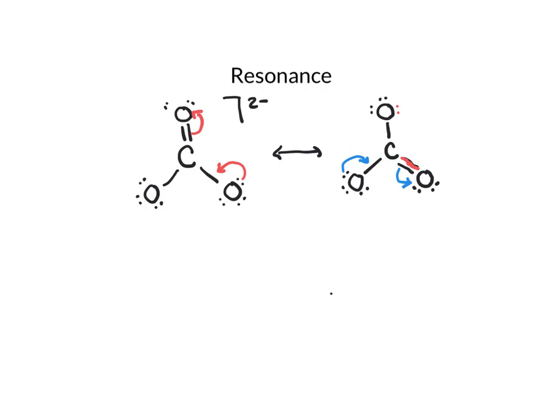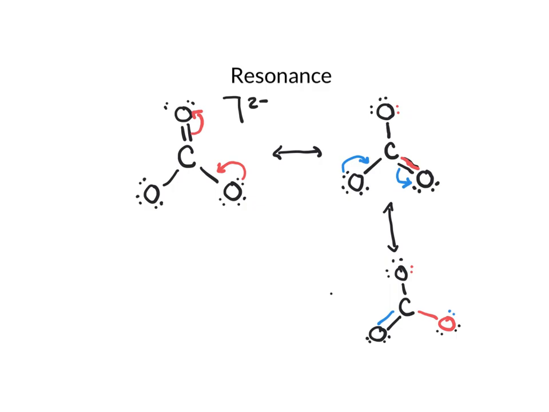And so now if I redraw this structure as I have moved the electrons, I will have not done anything to this oxygen, but I will have moved one of the lone pairs in, and the 2 electrons in that bond out to be a lone pair on this oxygen, and I will have created a double bond between this carbon and this oxygen, leaving it now with only 2 lone pairs.